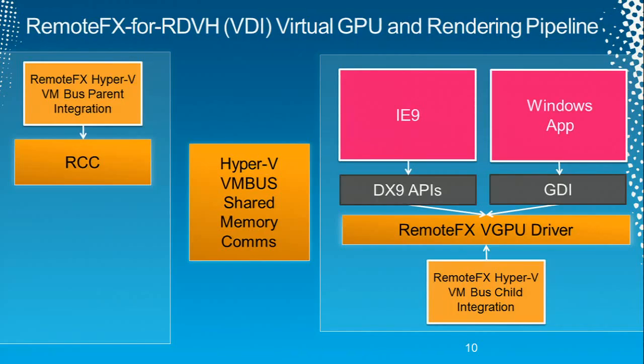So there's some amount of translation happening here because it has to act like a driver as well, but it sends them over to the parent partition using this transport layer that we have, which is VM bus. And so the RCC component, once it gets that, will convert that back to DX9 APIs. One thing to remember here is we support DX9.